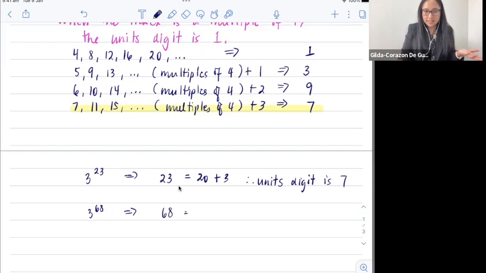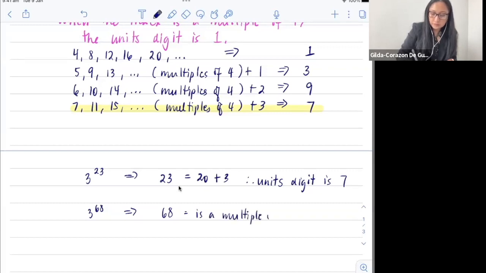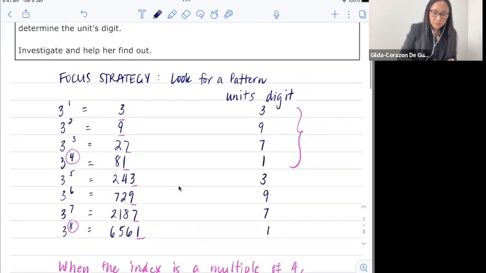Let's half 68, that's 34, half it again, you have what? 17, and therefore 68 is a multiple of 4, and therefore the units digit is what? 1.